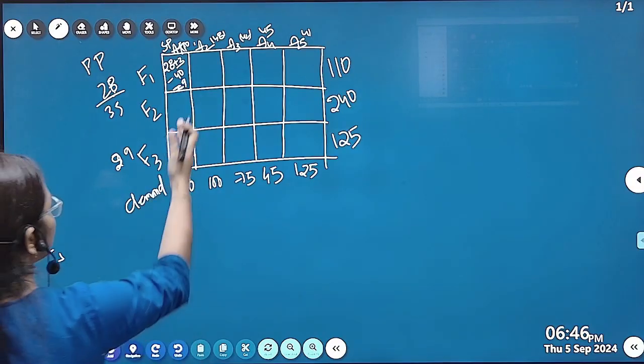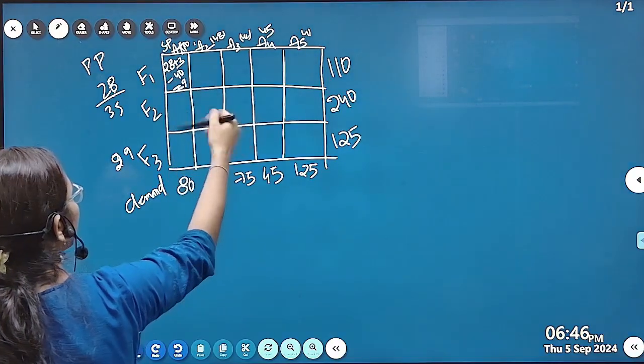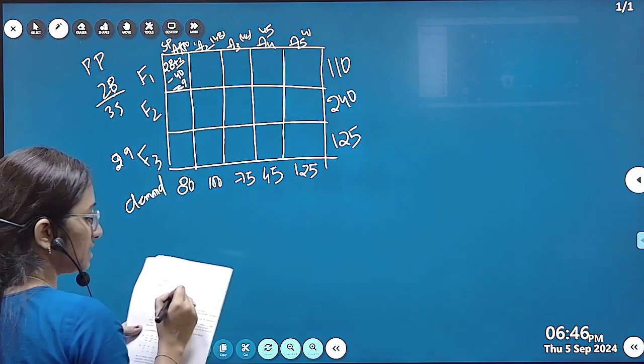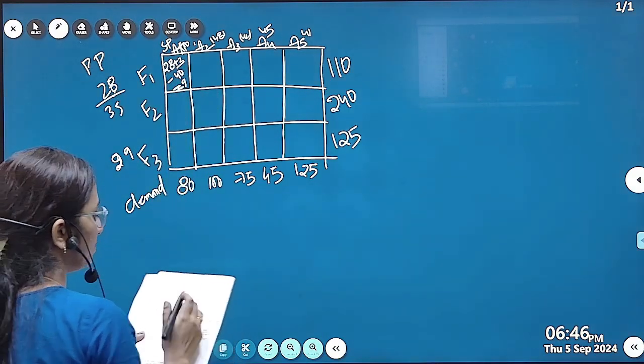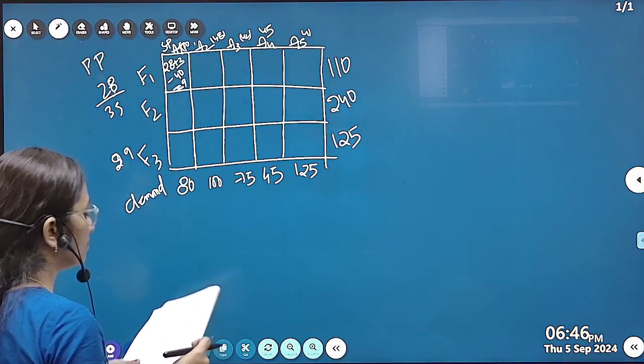I have written it just for understanding. Actually you need to write only the number 9, but for understanding I have written like this. This 28 plus the shipping cost given in the matrix, plus 3, minus this selling price. So you will get the cost.